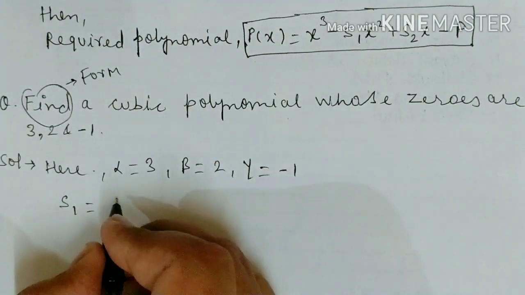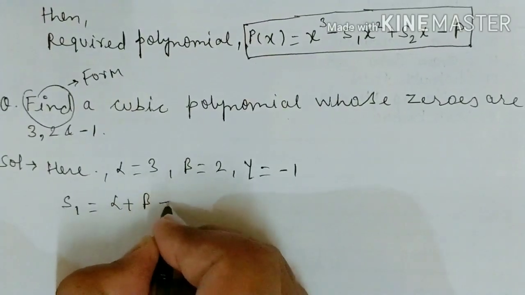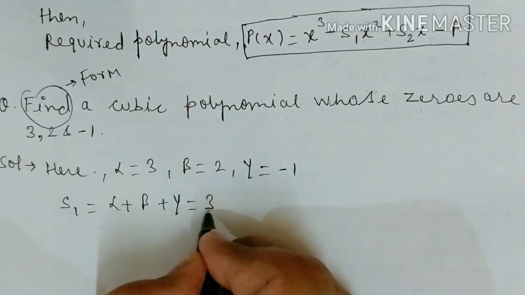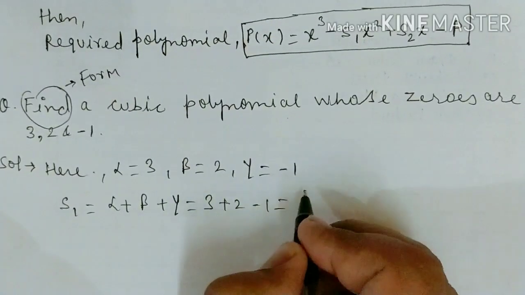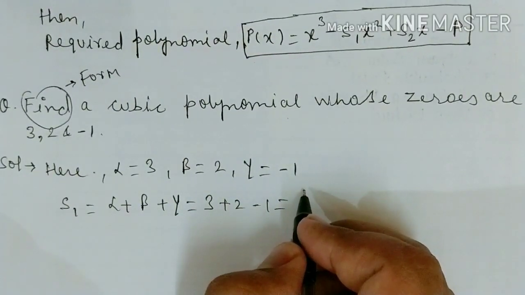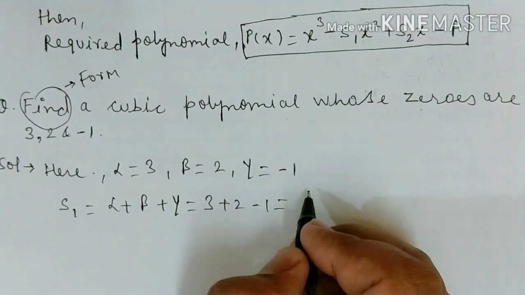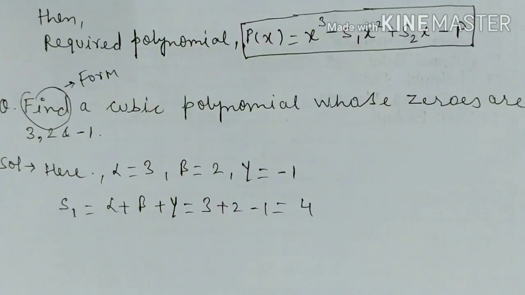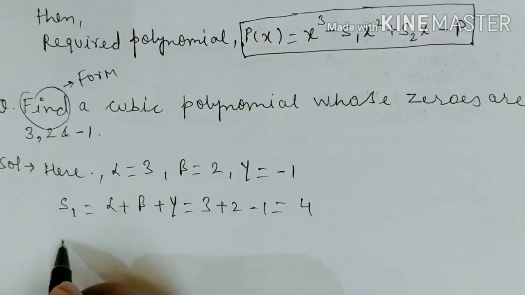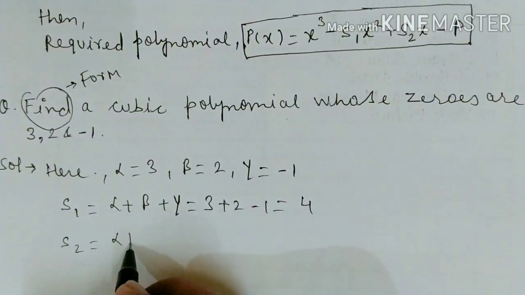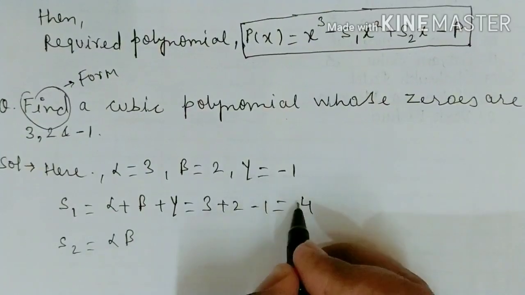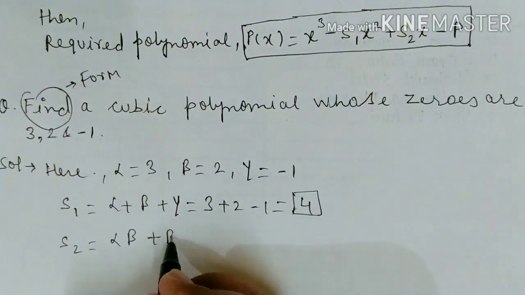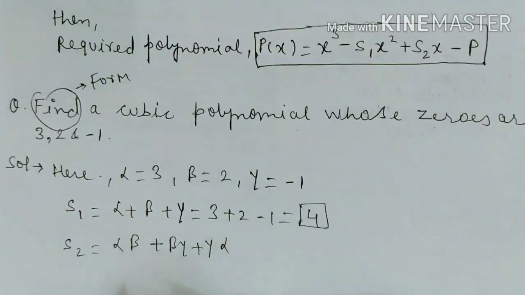So S1 equals alpha plus beta plus gamma. Just add it. 3 plus 2 minus 1 means, simple, 5 minus 1 is 4. In the same way, find the value of S2. S2 is alpha beta plus beta gamma plus gamma alpha, so value of S1 is 4.